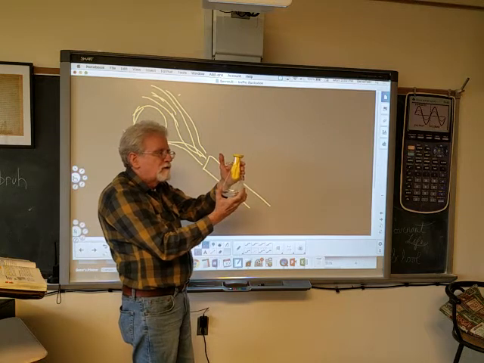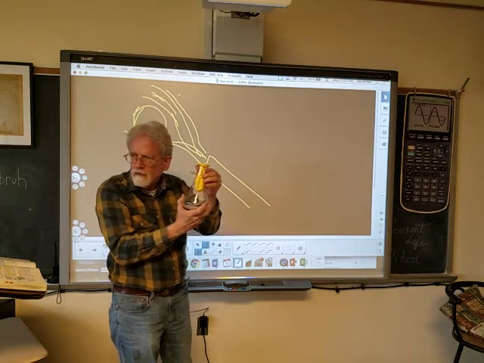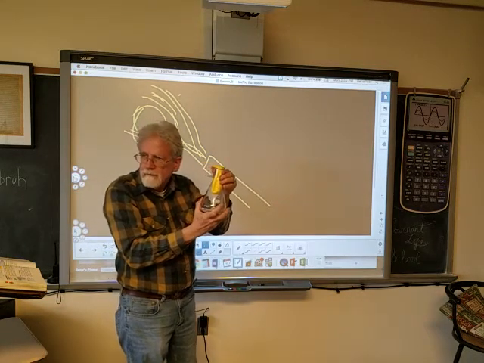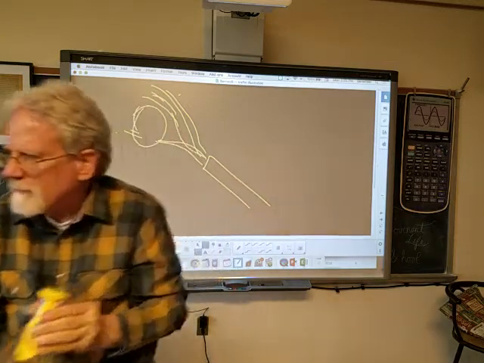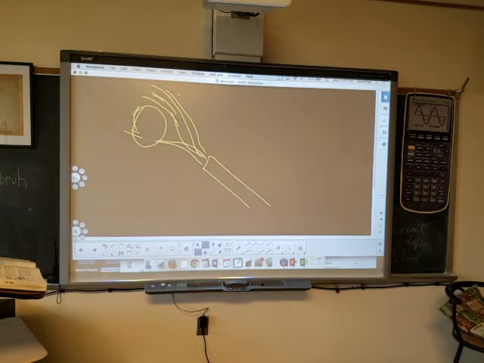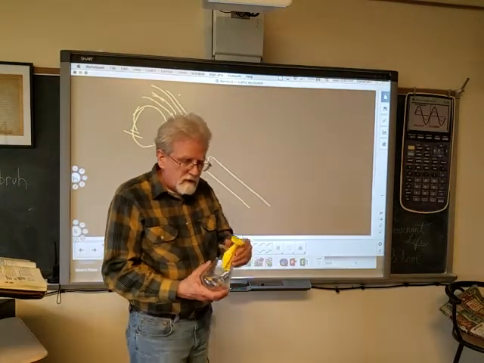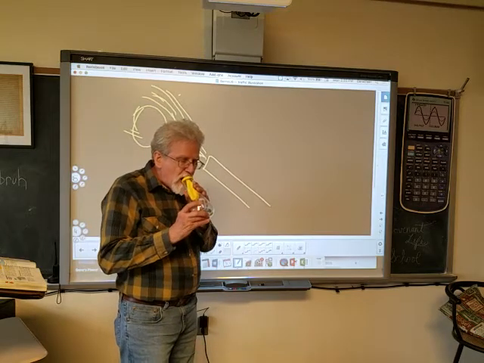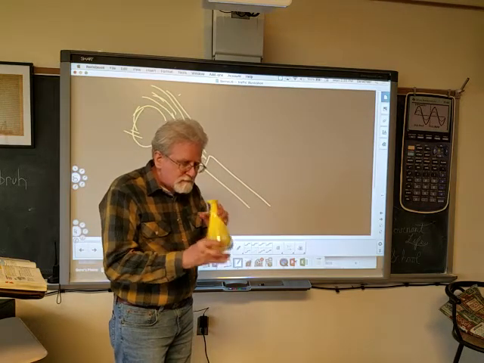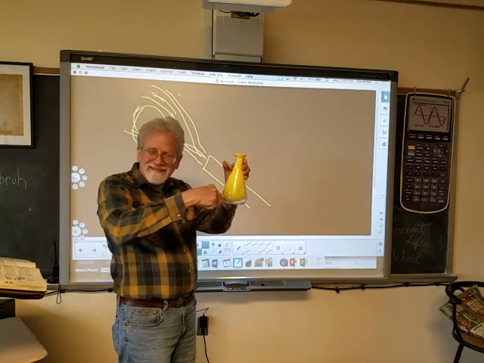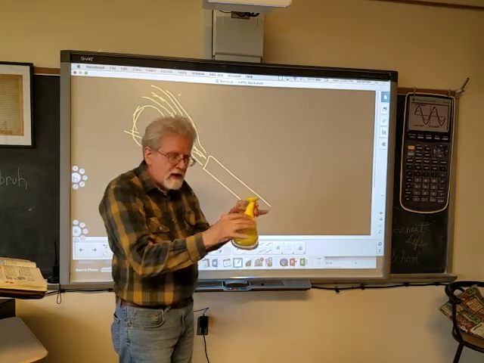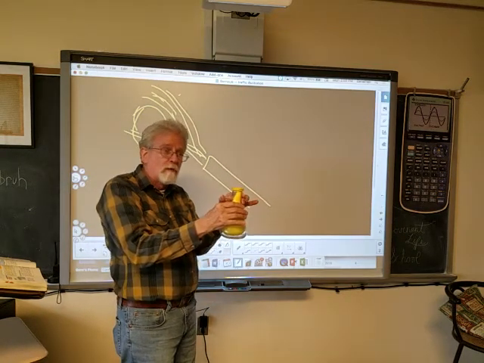There's another little trick that I've done that I'm not going to do now because it makes a mess. Do I have any water here? No, I don't have any water handy, so I can't really do it for you, which is a good thing because it would make a mess. But if I inflate the balloon, then pour water into it and put it in a pan and release, we get a water volcano.